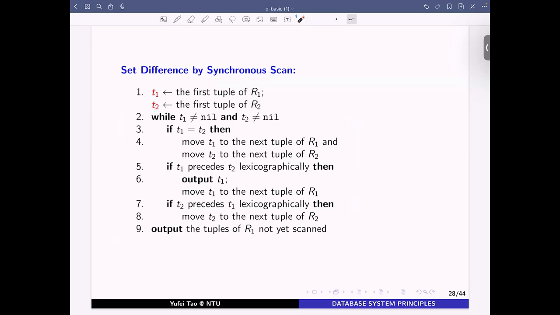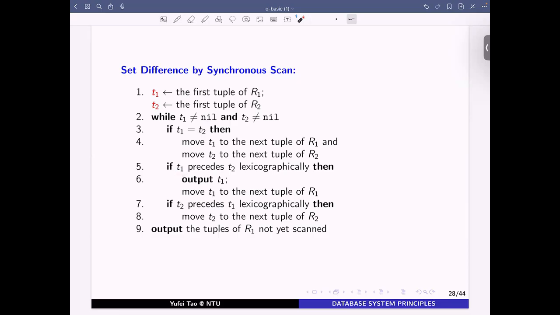At each moment, you are holding two tuples in your hands, and then you perform a comparison. You know there are three comparison results. Either they're equal to each other, or T1 is less than T2.